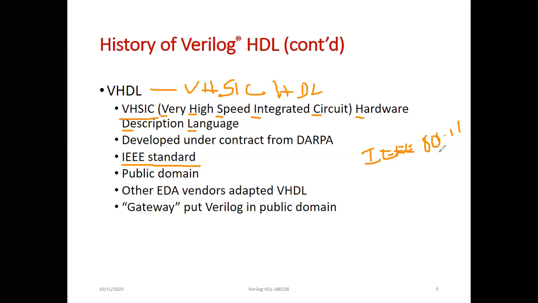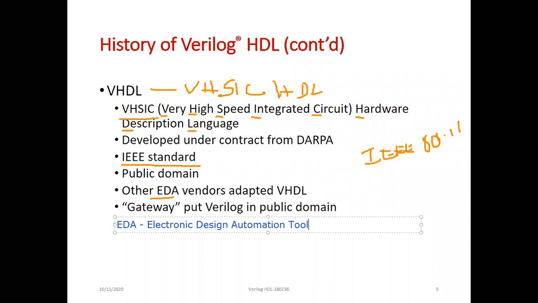Now other EDA vendors adopted VHDL. EDA means electronic design automation. That is why sometimes they call it an EDA tool. Cadence, Synopsys, Xilinx, Mentor Graphics, all are called EDA tools, electronic design automation tools.